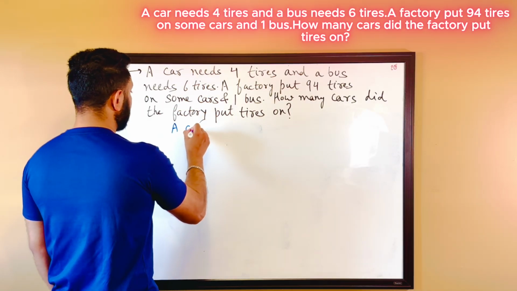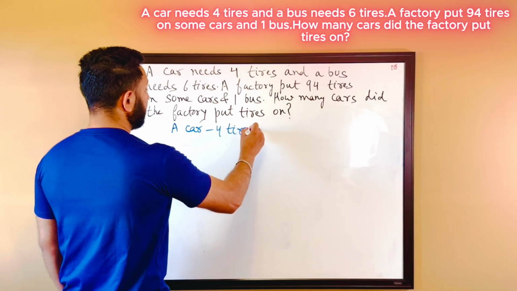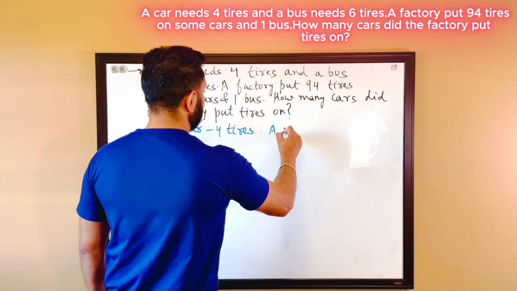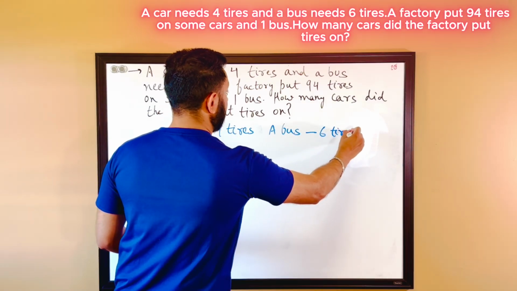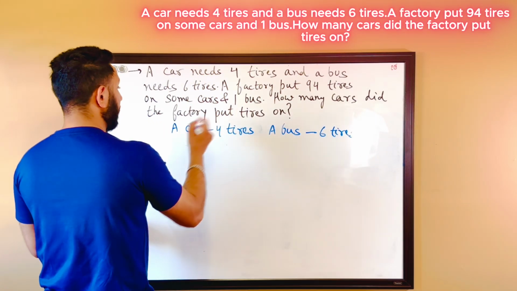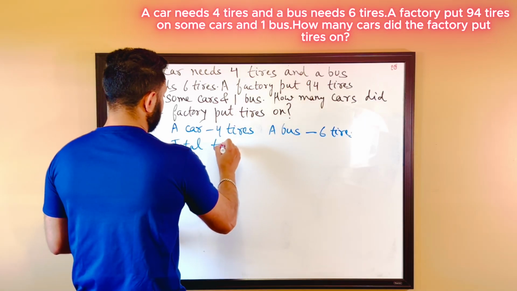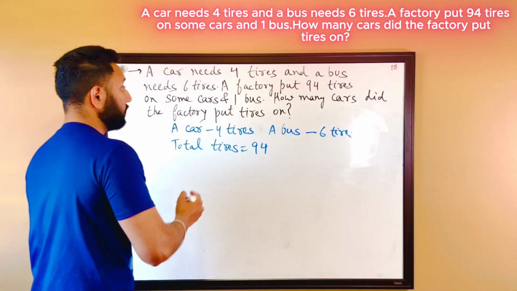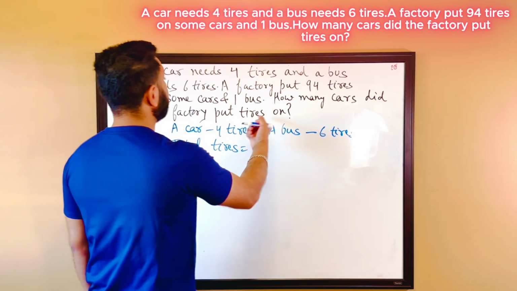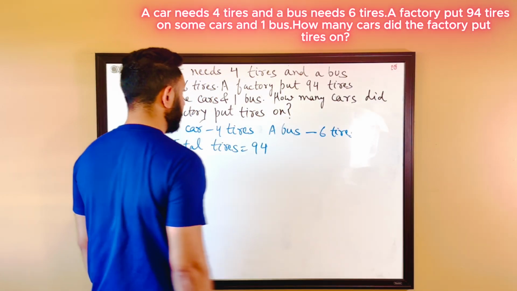A car needs 4 tires and a bus needs 6 tires, and the factory put a total of 94 tires. So basically we need to find the number of cars.